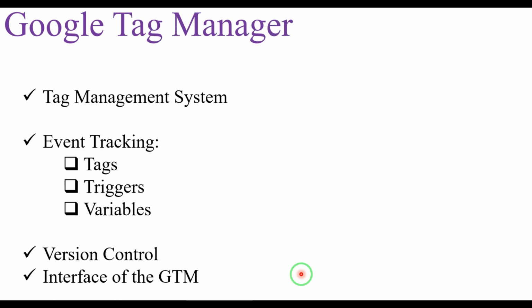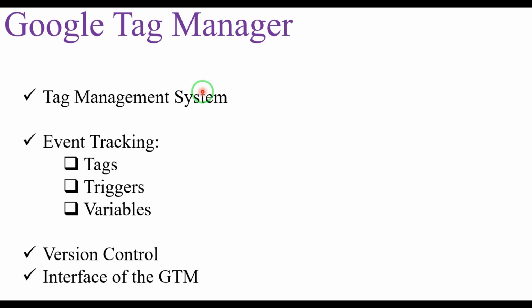Google Tag Manager is the tag management system that allows you to easily and quickly update measurement codes and related code fragments, collectively known as tags, on your website or mobile app from a web-based user interface.